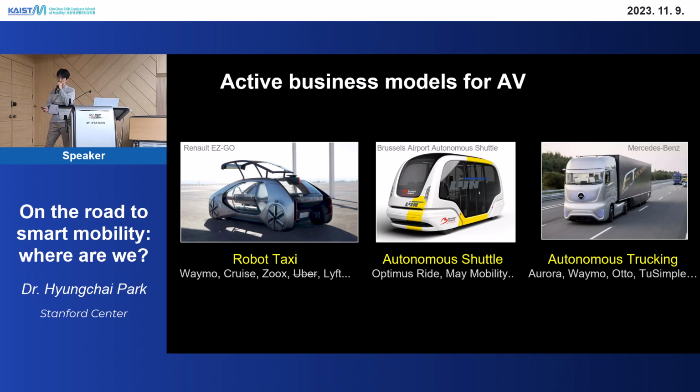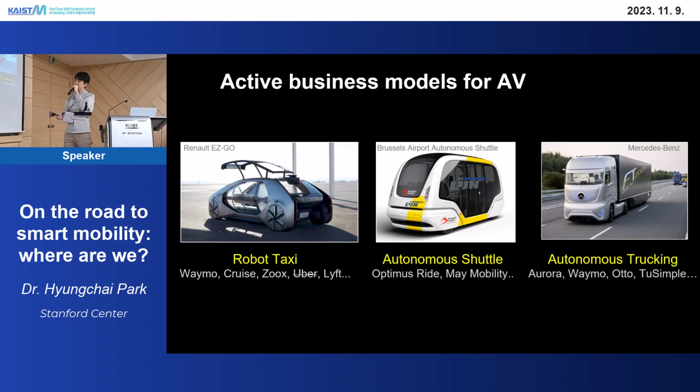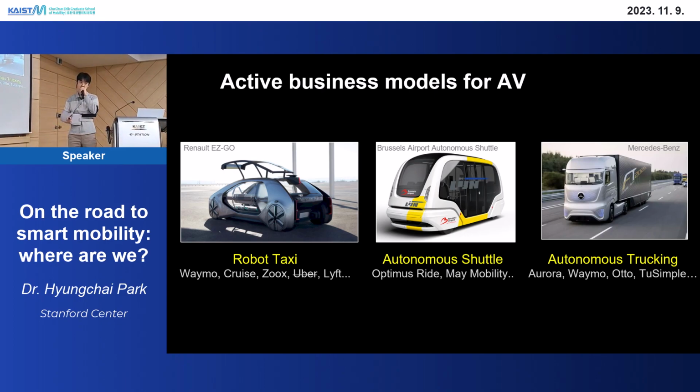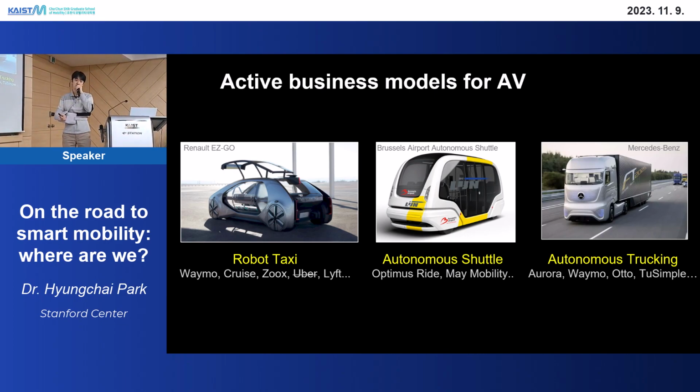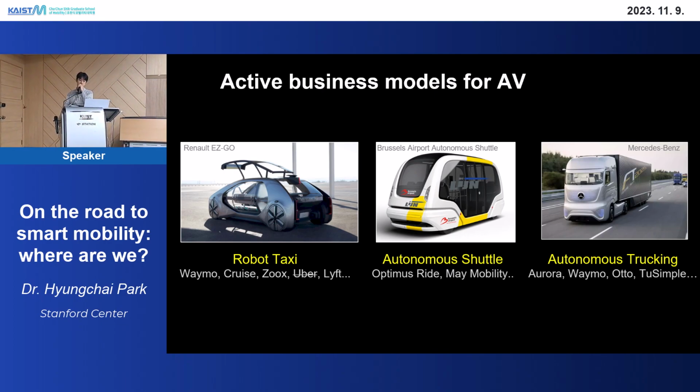And the trucking industry suffers because the number of drivers is decreasing. So they have to find some solution anyway. Because of that, some people say that if autonomous driving is commercialized, it will come first in the trucking industry.